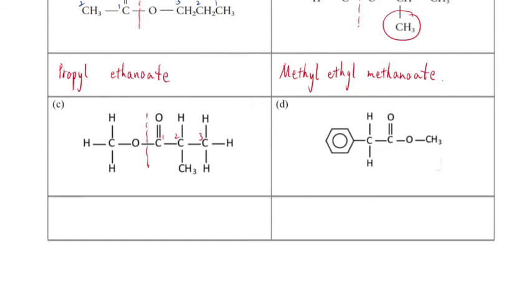The longest chain has 3 carbons in it, and then we have a methyl group attached to it. So let's consider the name for the alcohol part. It only has 1 carbon, so it should be called methyl.